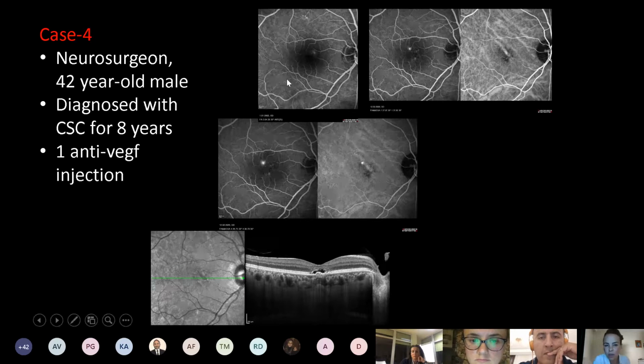This is the picture from 8 years ago. There is a leakage here, just a tiny leaking area in the parafoveal area. And these are his current pictures. In the previous area, there are RPE changes, and there is a new leaking area in the superior temporal parafoveal area.